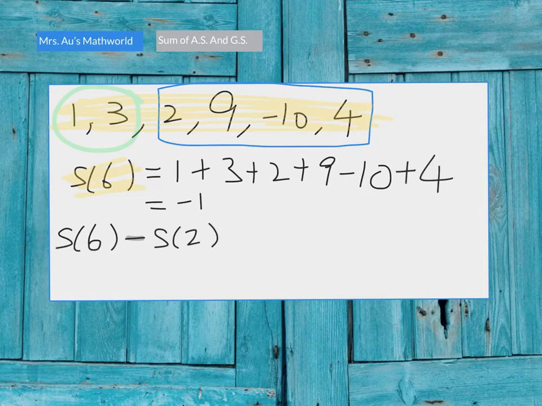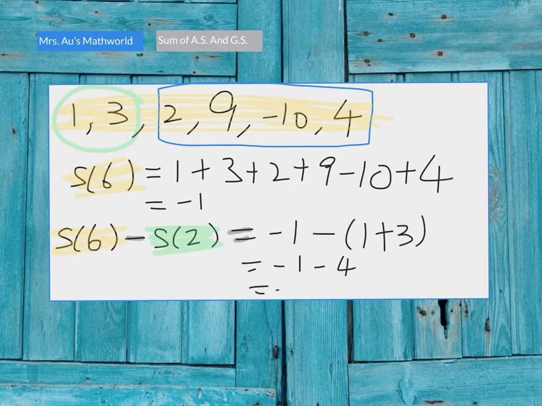The S2 means the green one. And then we can use subtraction so that you can get the result to be -1, because we already calculated, and then -1 plus 3, then -1 minus 4, you get -5.